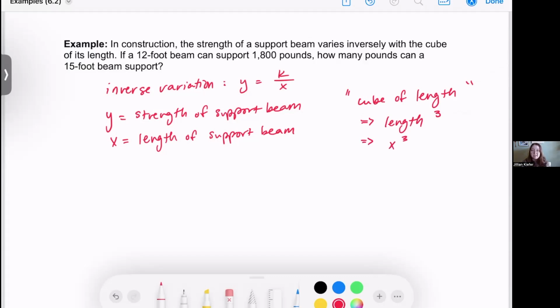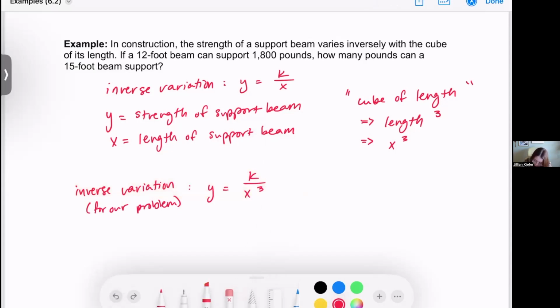Our inverse variation in general is y is equal to k over x. But in this case, our problem is telling us that it should be k over x cubed. So we have the general inverse variation, but now we're going to write the inverse variation for our problem. Y equals k over x cubed.